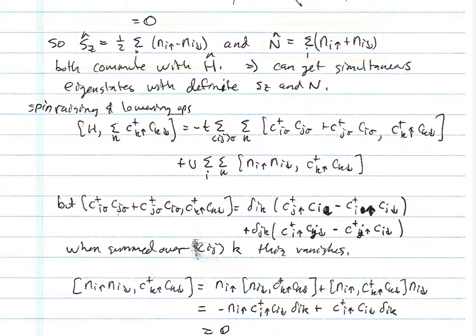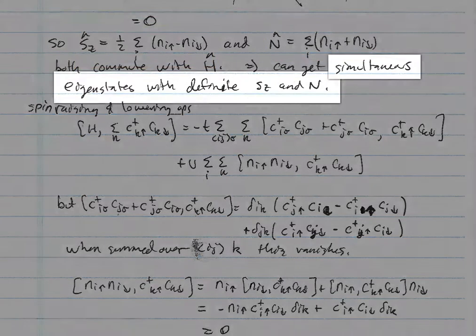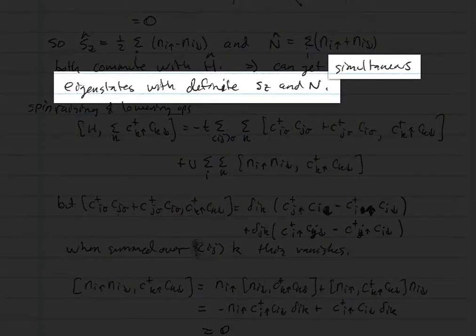And anything that commutes with the Hamiltonian will provide a good quantum number, so we can get simultaneous eigenstates that have definite Sz and definite particle number. And again, that's because the Hamiltonian does not create or destroy particles, and it also does not flip the spins of the electrons. Whenever I'm hopping, a red checker goes to a red checker when it hops. It never changes to a black checker.